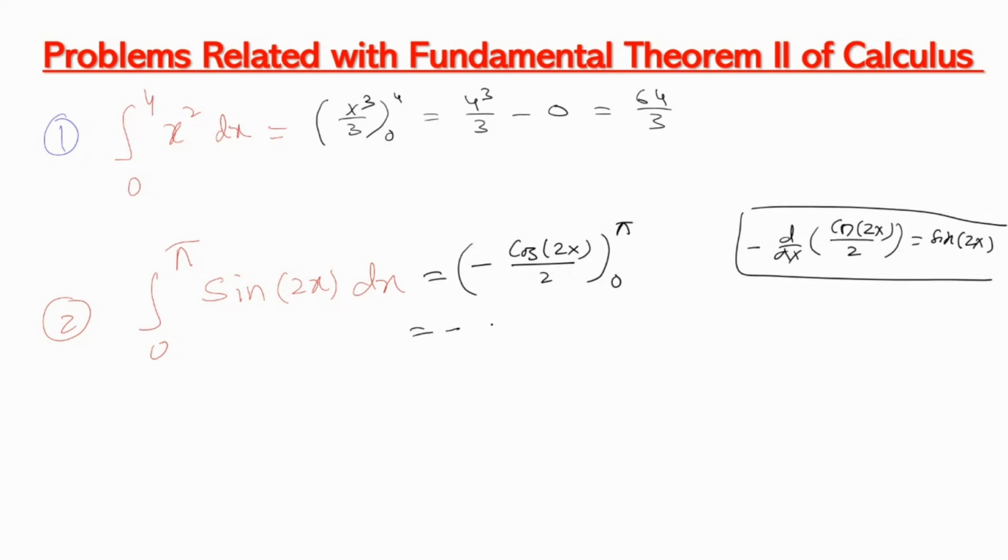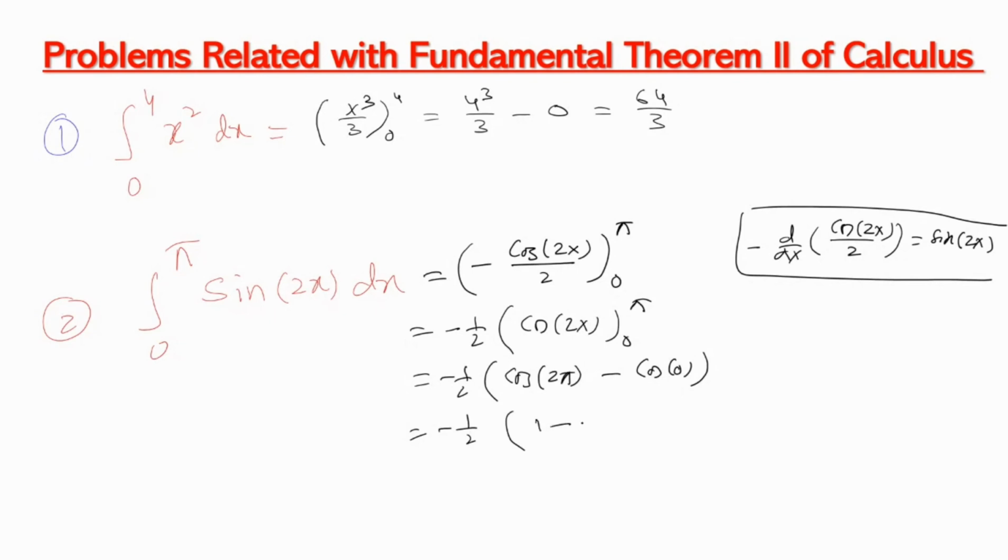So this is equal, take out the minus half first, and then 2x from 0 to pi. So this is minus half, cosine 2 pi minus cosine 0. So this is equal to minus half, cosine 2 pi is 1, cosine 0 is 1. So the answer is 0.